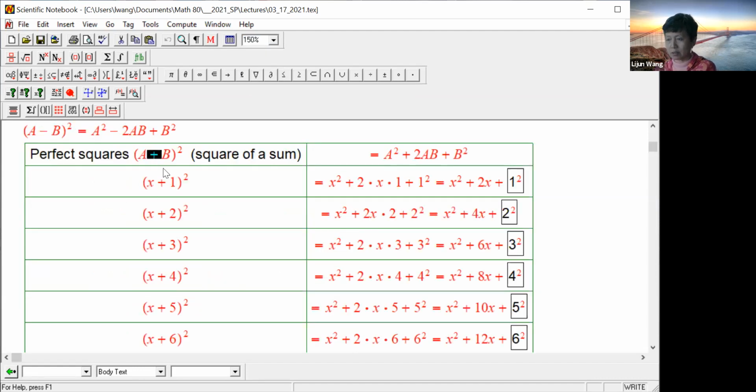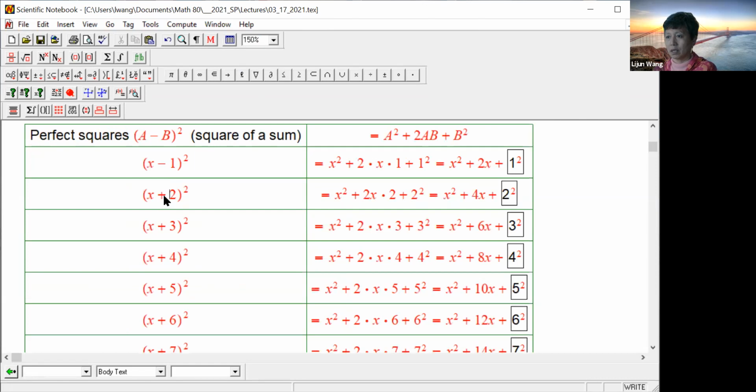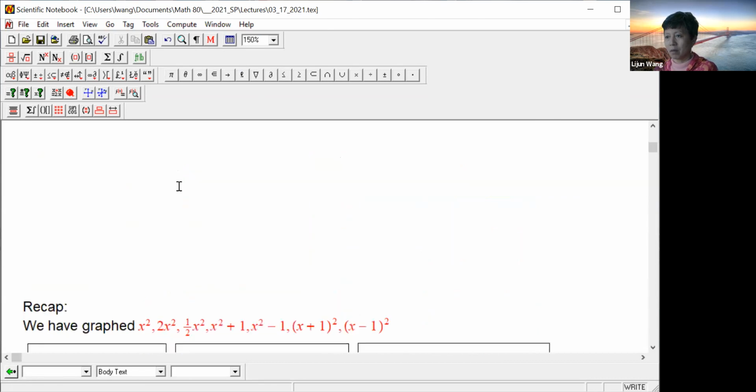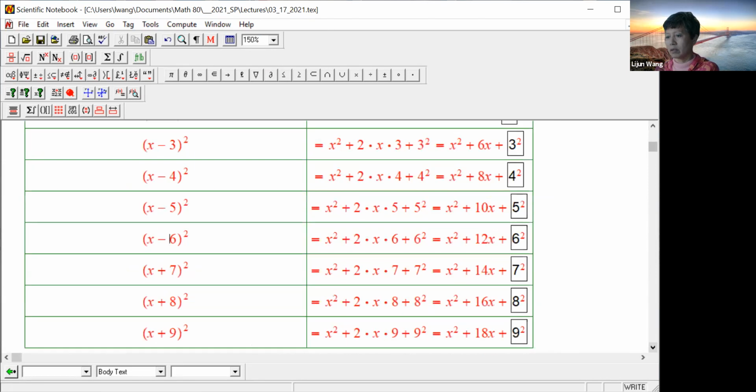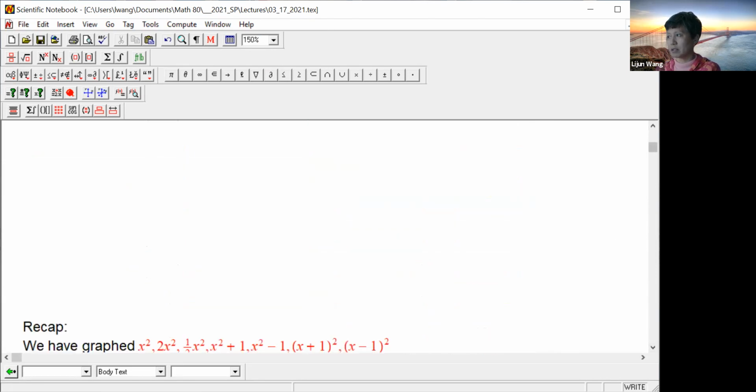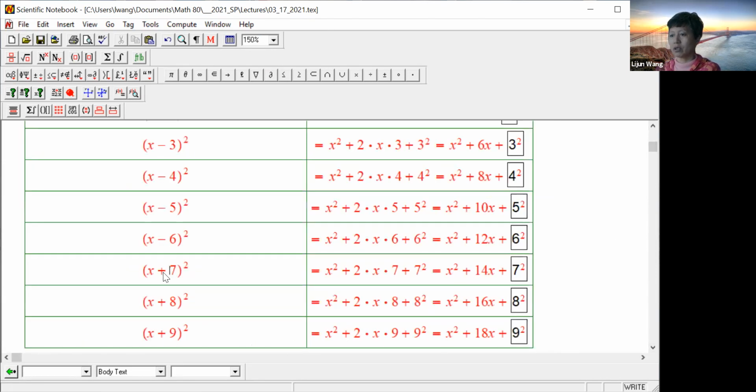So A minus B. If you FOIL all of them, what do you get? I want every one of you doing this, okay? This may be too trivial for you, but I assure you, you might learn something from this experience.